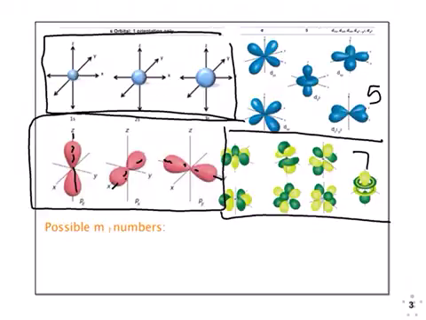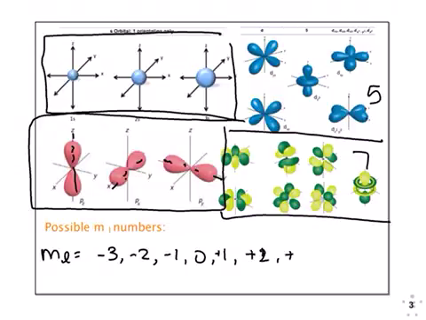So the possible magnetic quantum numbers in its entirety would be -3, -2, -1, 0, +1, +2, and +3. So your f orbitals, they would include all 7 of these numbers because there are 1, 2, 3, 4, 5, 6, 7 possibilities.